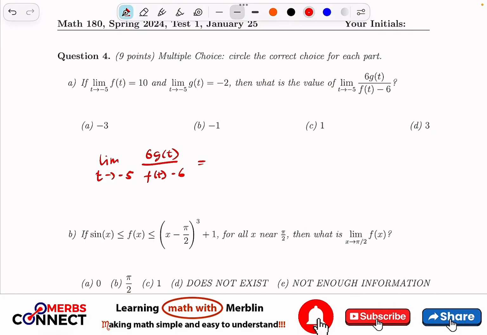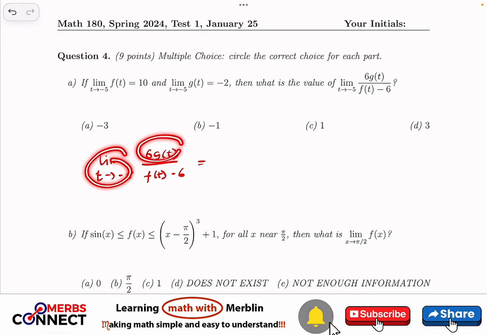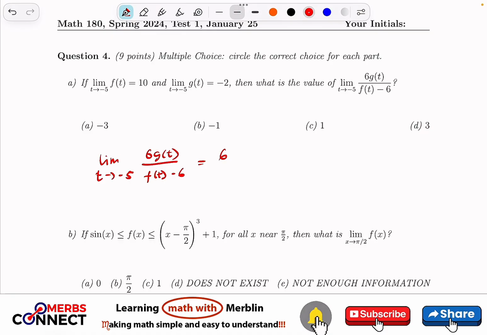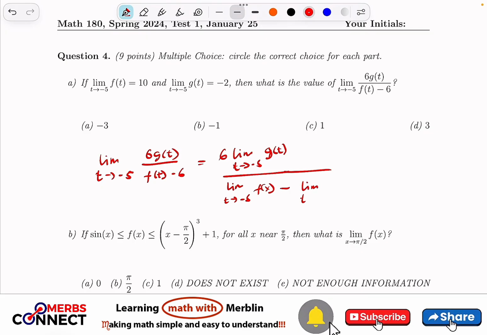This is the same as taking limits on the top and then limits at the bottom, right? So we are going to have 6 times the limit as t approaches -5 of g(t), divided by the limit as t approaches -5 of f(t) minus the limit as t approaches -5 of 6.